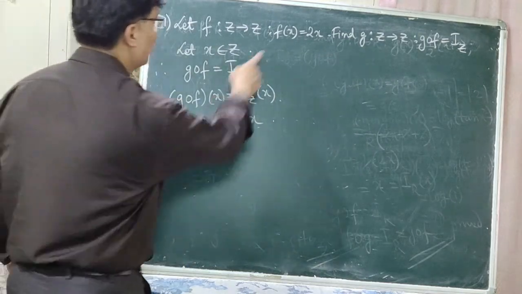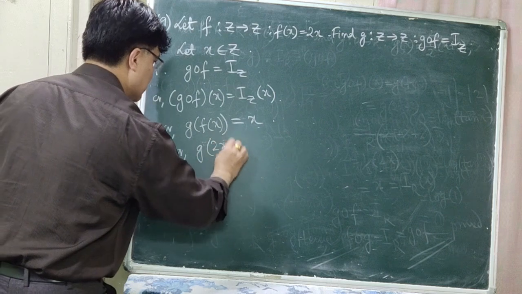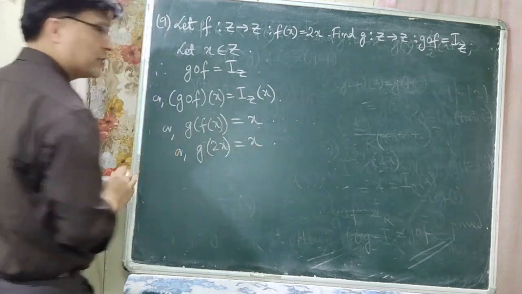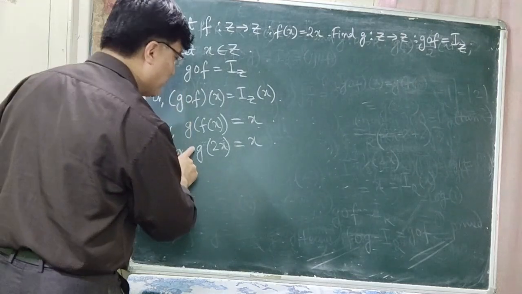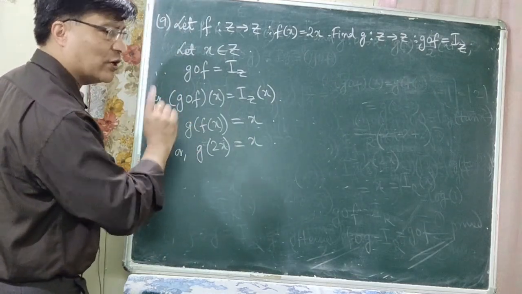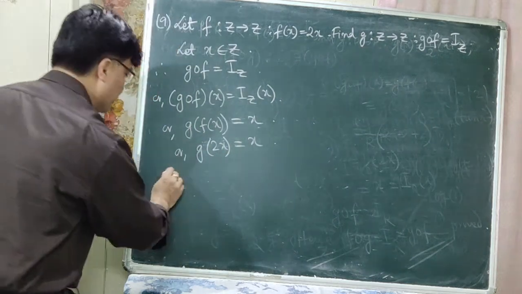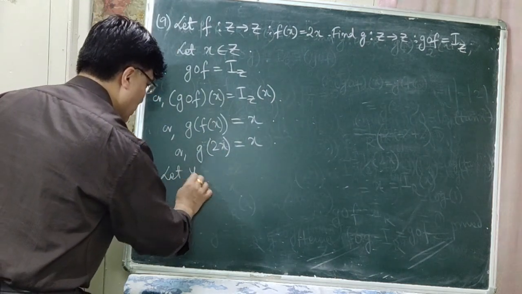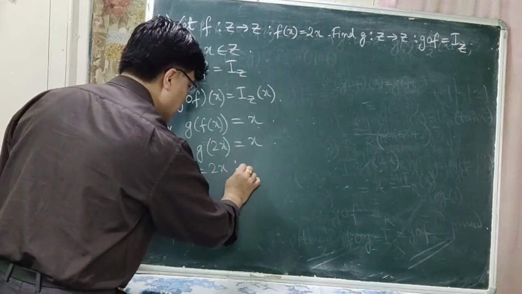So now what is f of x here? It is 2x. So it is g of 2x is equal to x. Is that clear to all of you? Now we have to find out g of y or g of x only. Let us assume let y is equal to 2x. So what is the value for x in this case?